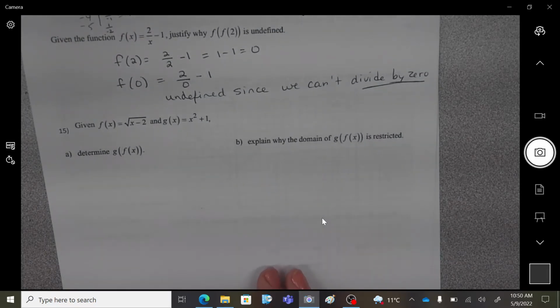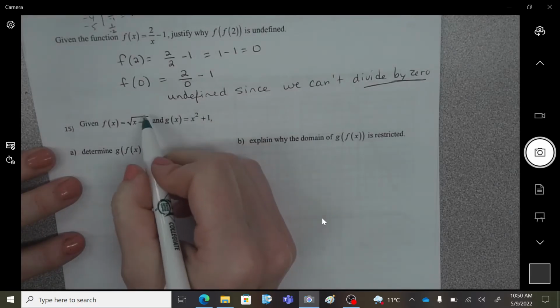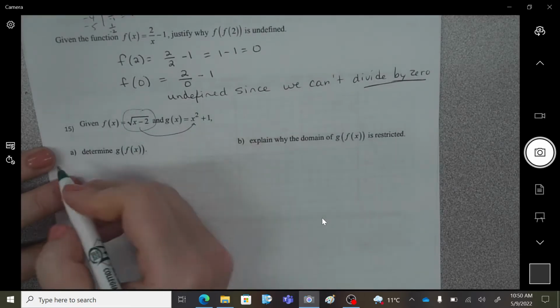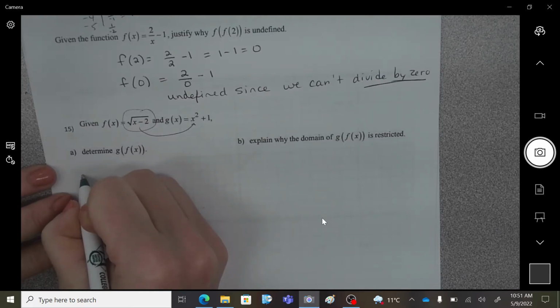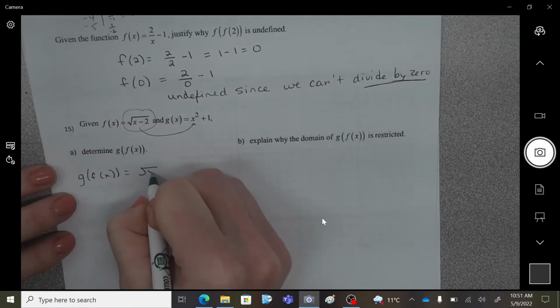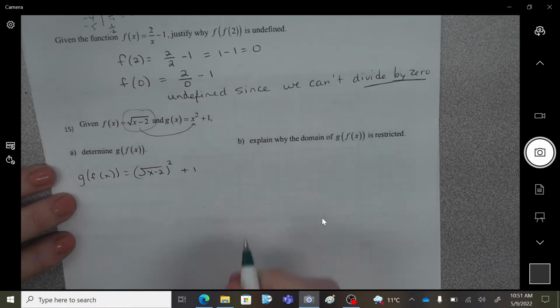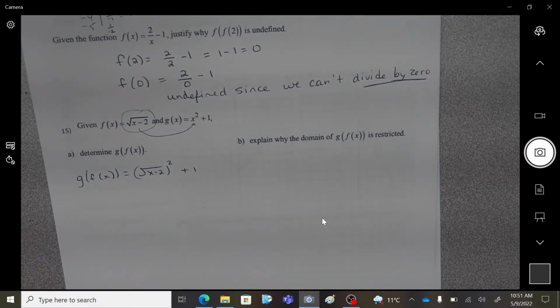15, given those, determine the g of f of x. So I'm going to put the f function into the g function. Okay, so that was the replacement there.